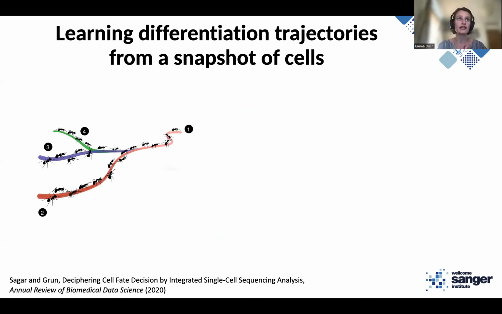A second application for KNN graphs and for identifying cellular structure is the idea that from a snapshot of cells at a given point in time, we can learn a dynamic process such as differentiation trajectories. How do we do this with a sample for which we're destroying the cells, so we're not really seeing where a cell is differentiating to or who its progenitors were?